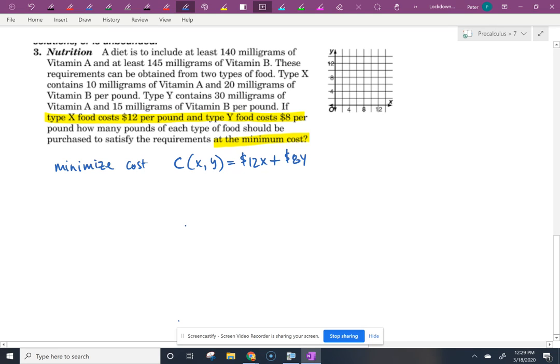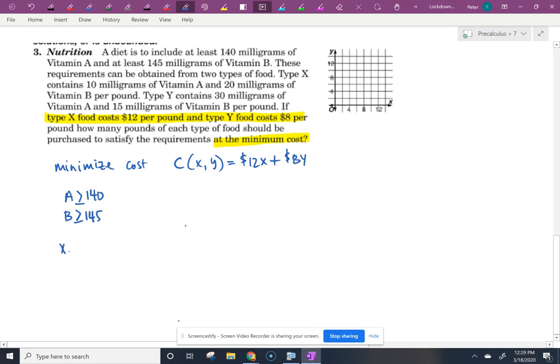Right. So then I go through and start gathering some information. If you have a diet, vitamin A, so I'll introduce another variable, I guess. Vitamin A has to be at least 140, and vitamin B has to be at least 145. Okay, I got that. Then you break down the two types of food.